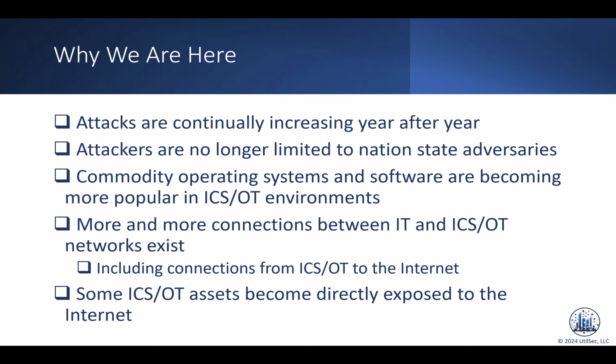And what we've seen is that first really 10 years, it was almost like crickets. You would have a big attack and then nothing for years. Whereas now, since the Colonial Pipeline breach we had a few years ago, we see incidents that involve control system environments, or at least impact control system environments, almost every day now.